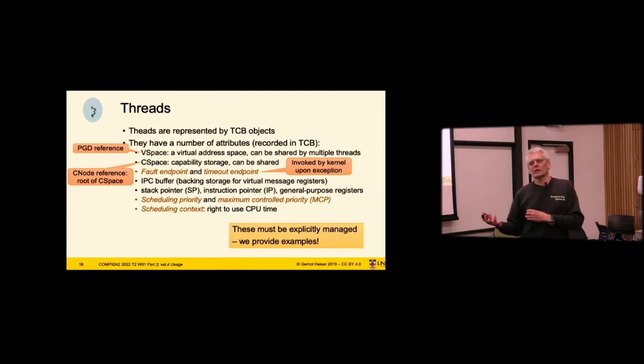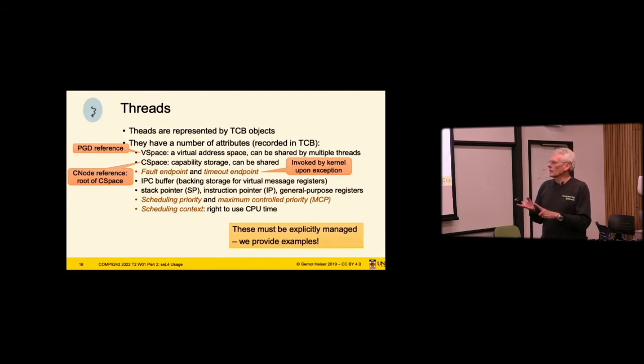I mentioned already on Tuesday that IPC data is transferred in virtual registers. Some of them map to physical registers and the rest map onto this IPC buffer. And then obviously you have an instruction pointer and a stack pointer and general purpose registers, so the usual thread context that gets context switched by the kernel.